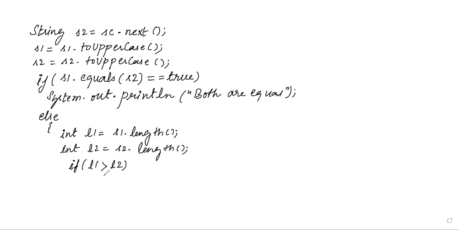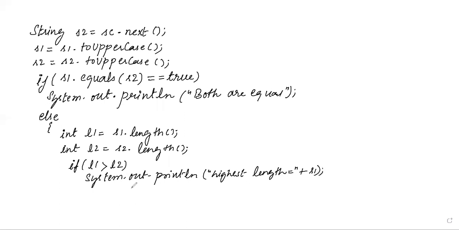That means it is being asked that you print the string with the highest length. So you can simply print System dot out dot println highest length equals plus L1 is the length of S1, so print S1.